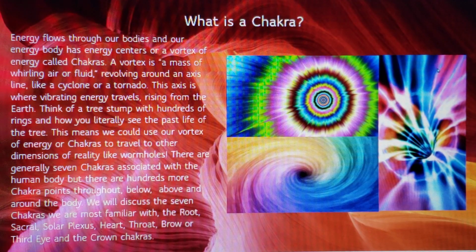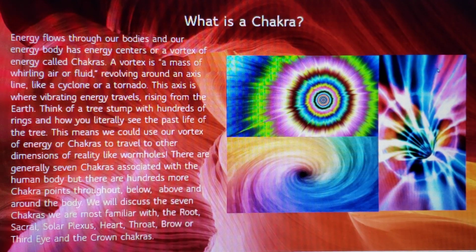This axis is where vibrating energy travels, rising from the earth, and also coming straight down through your head from the universe, right? And then it comes through all those chakra systems aligned in your body, straight down through to Mother Earth's crystal, right?